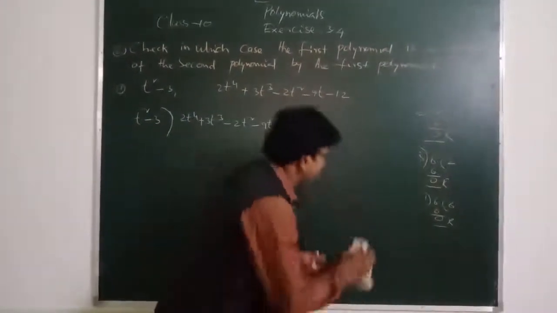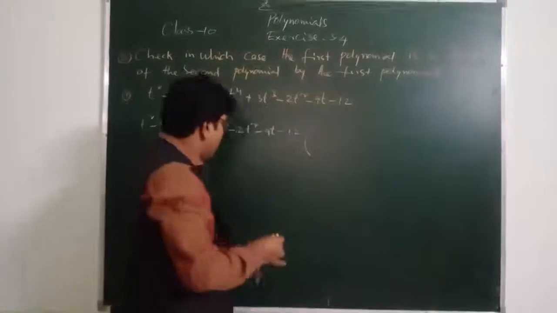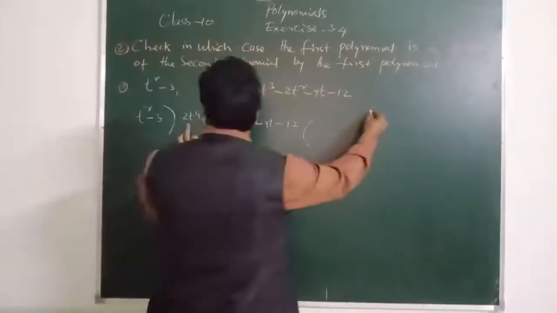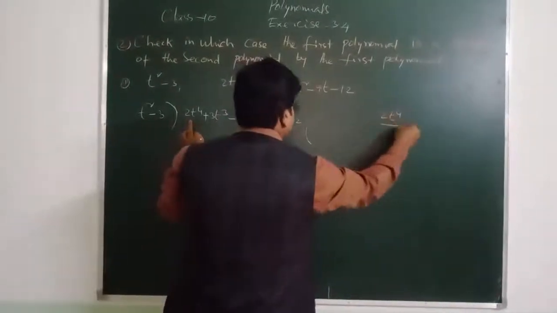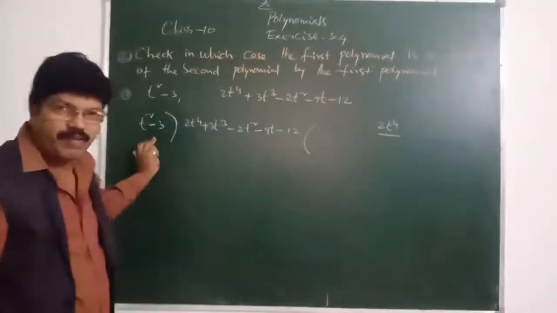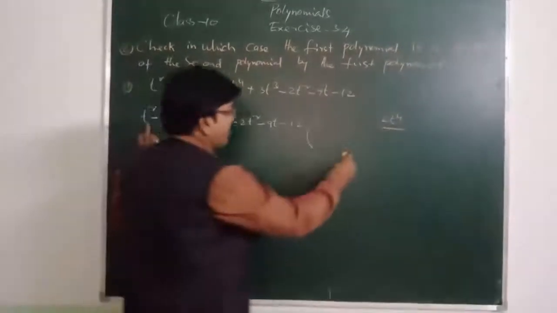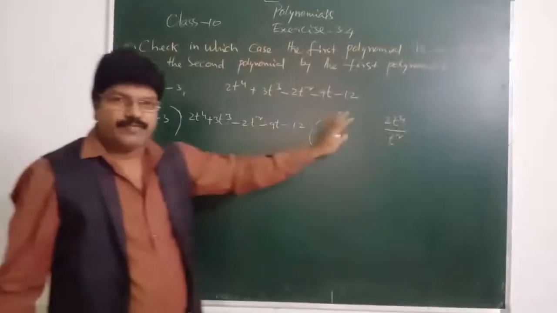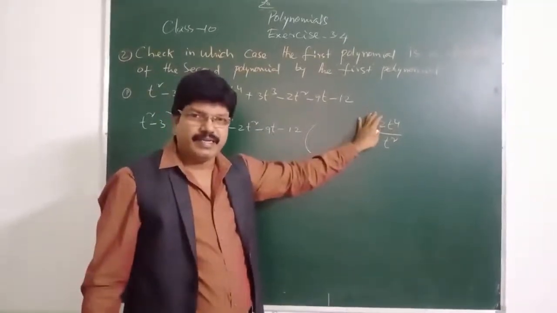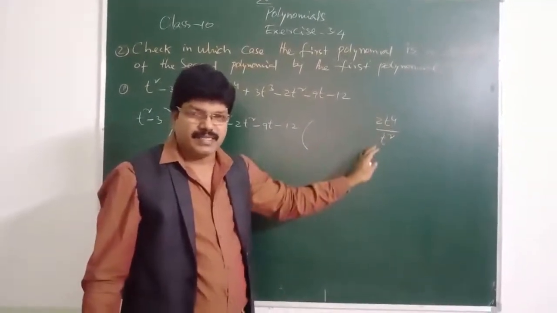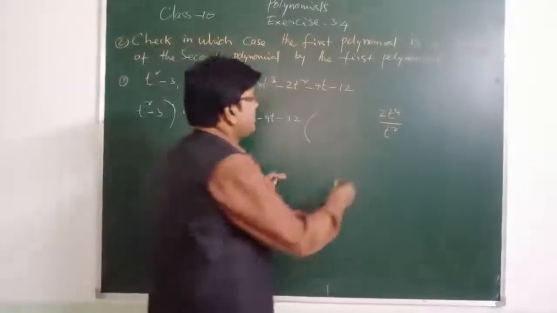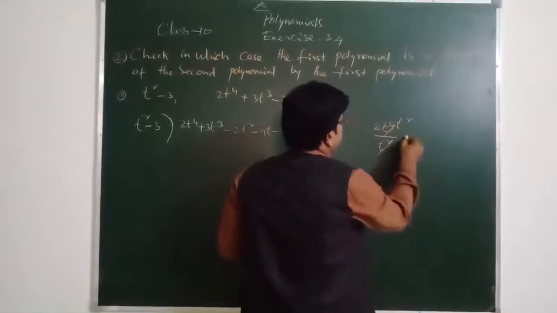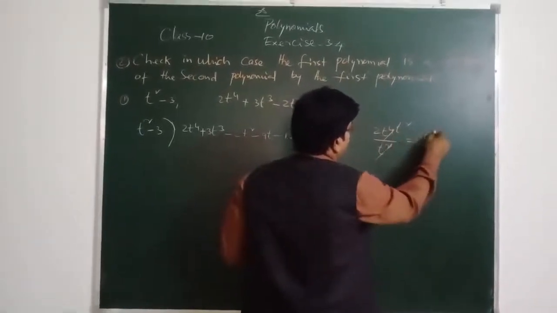Here, what is the first term of the dividend? 2t power 4. What is the first term of the divisor? t square. So we divide the first term of the dividend by the first term of the divisor.